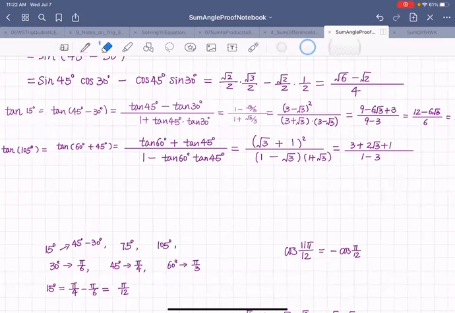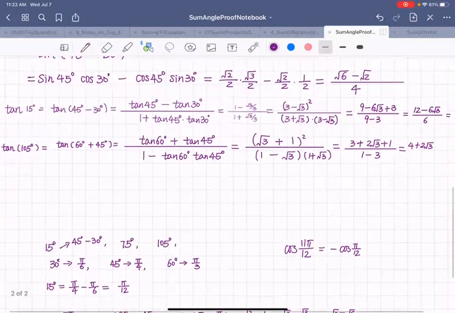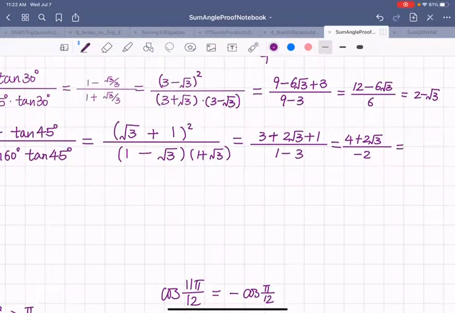So 4 plus 2 square root 3 over -2. So that's -2 minus square root 3. Oh yeah, minus. Okay.